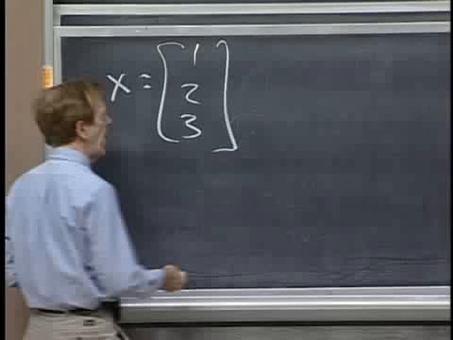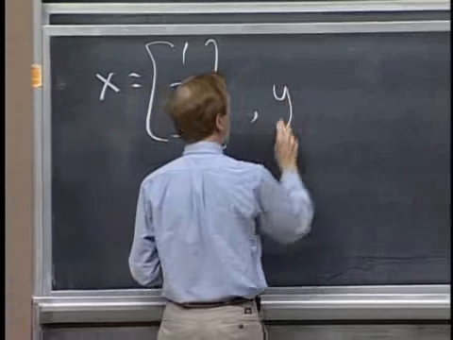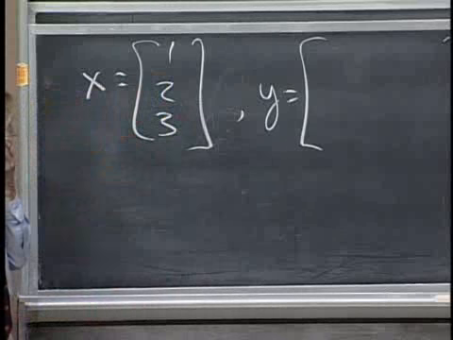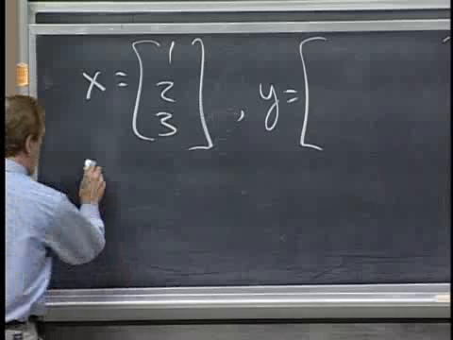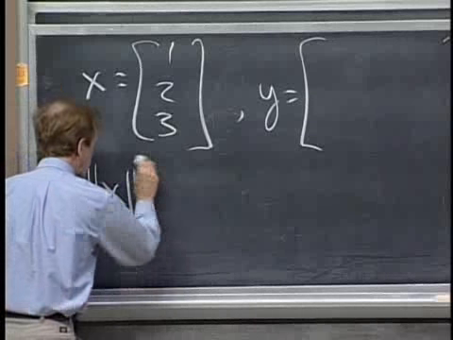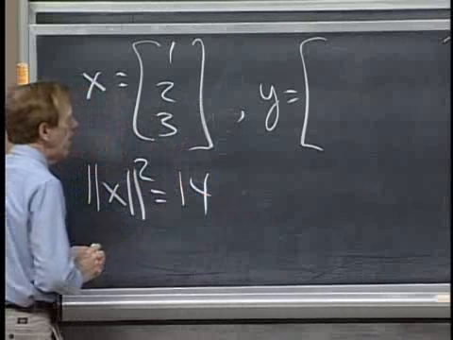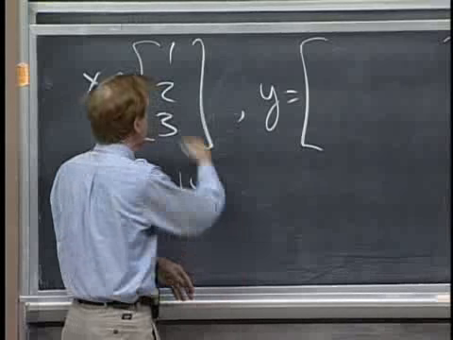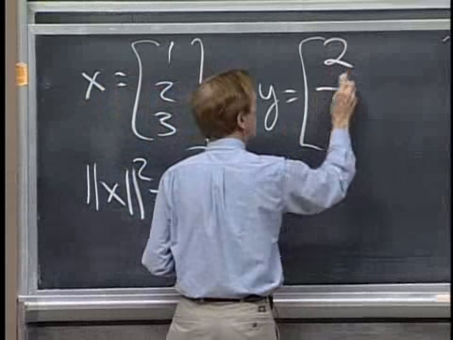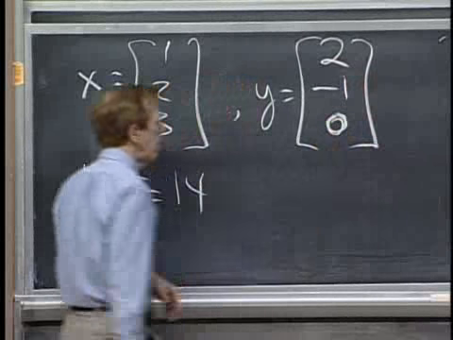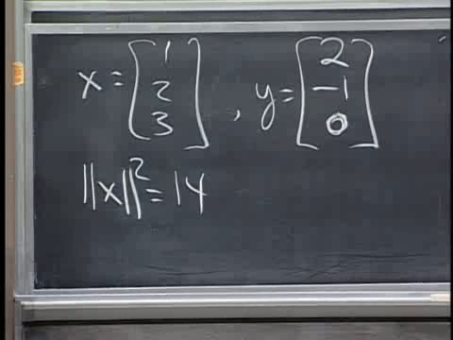Let me cook up a vector that's orthogonal to it. So write down here, x squared is 1 plus 4 plus 9, 14. We'll get, right?